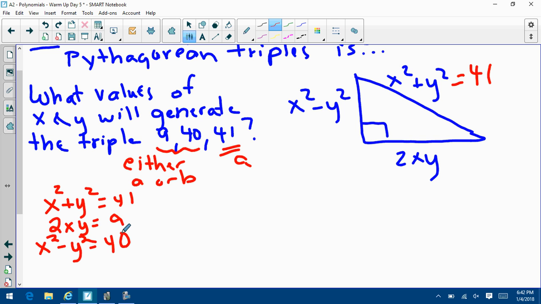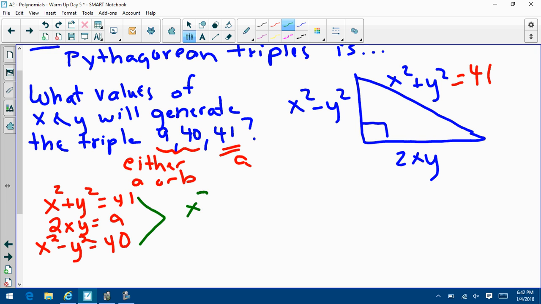Okay, so how could I solve this? Well, you've seen 3 equations, 3 unknowns. Here there's only 2 unknowns, but same idea. We can use the elimination method. Do you see 2 equations here that if you add them together, one of the variables will cancel out real nice? How about these 2?